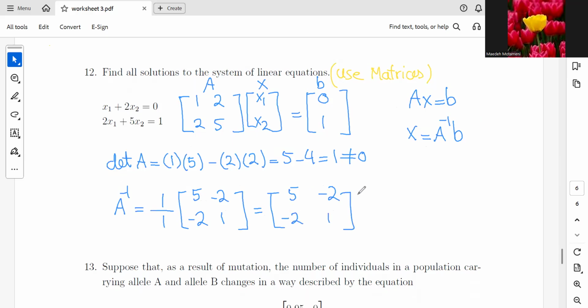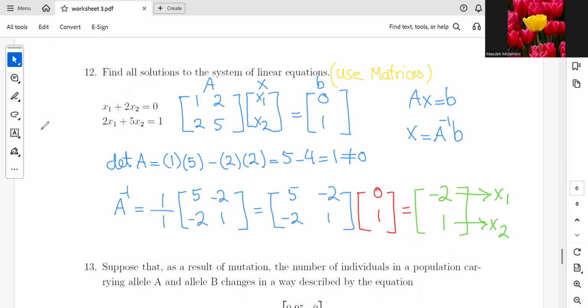And we are going to multiply this by the matrix of constants, which is 0 and 1. So you would have the answer of multiplying the first row and the column. It means negative 2. And the second row and the column, it means 1. So as a solution, x of 1 is 2 and x of 2 is 1.